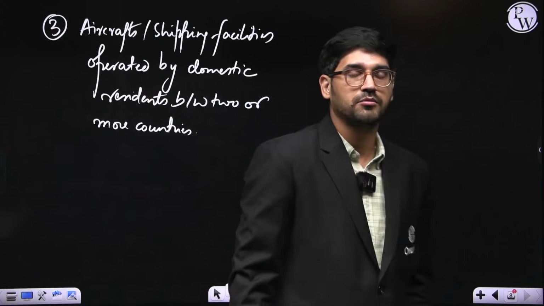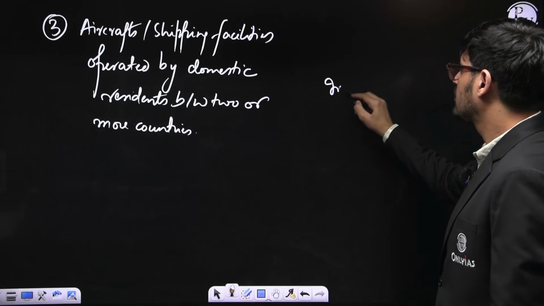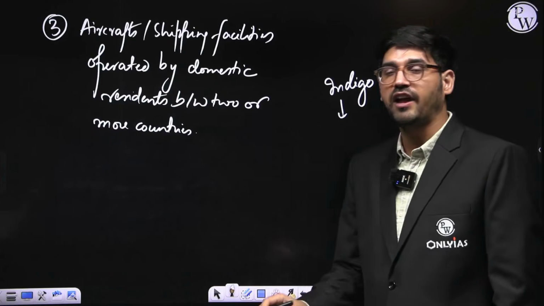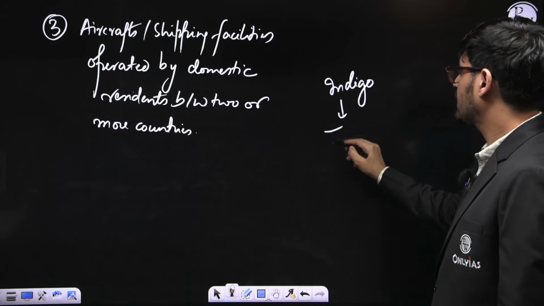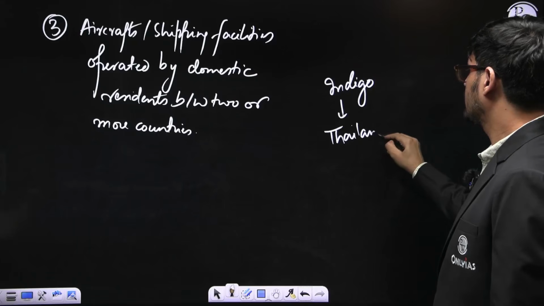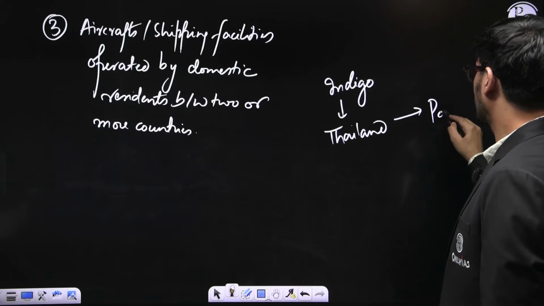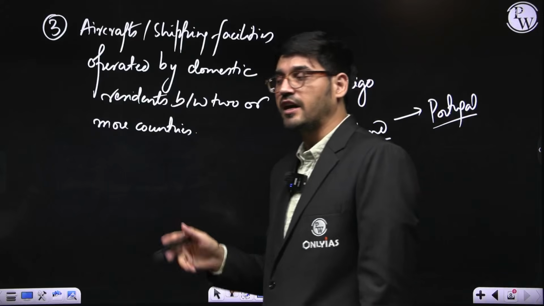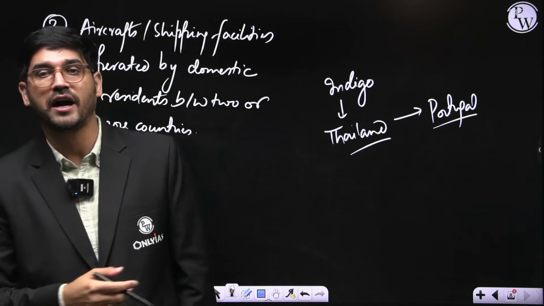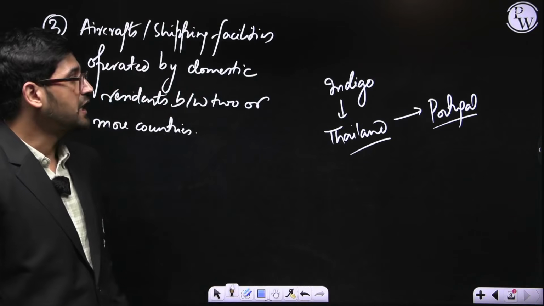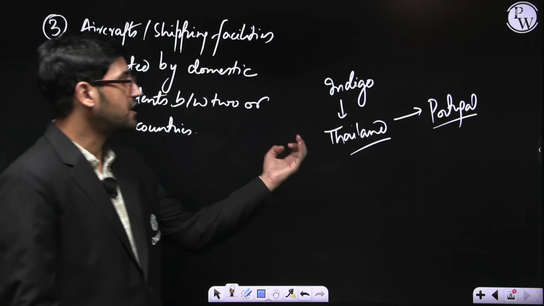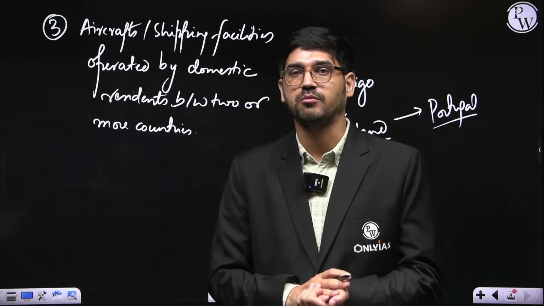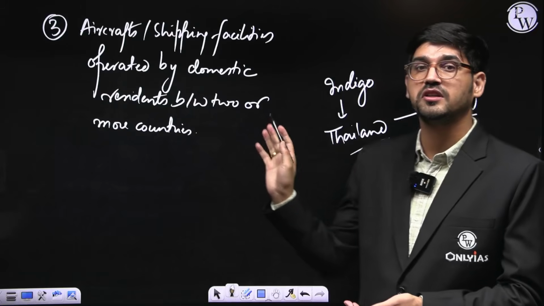For example, if Indigo decides to start a flight connecting Thailand with Portugal, since this is an aircraft operated by our domestic resident, even as this carrier is connecting two different countries, for the purposes of calculation of GDP, we will consider this towards India's GDP.